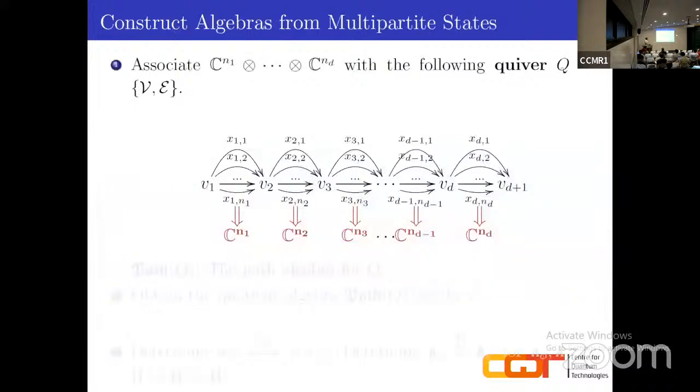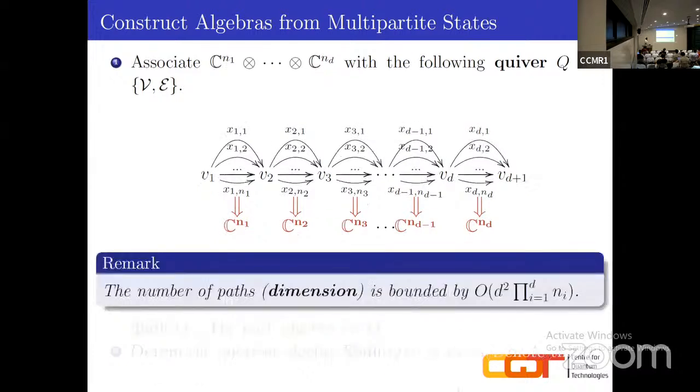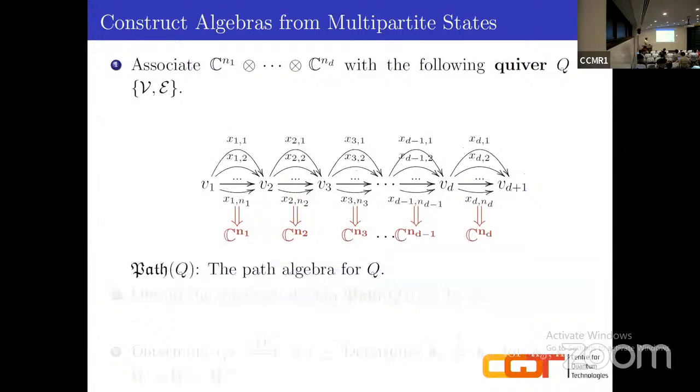And now we can actually associate any vector space, any tensor product of vector spaces with the following tensor. So here each interval will represent a supporting vector space, and there are D intervals. And so here you can see the number of paths, which is the dimension of this path algebra, is bounded by this number. And we call the path algebra for this quiver path Q.